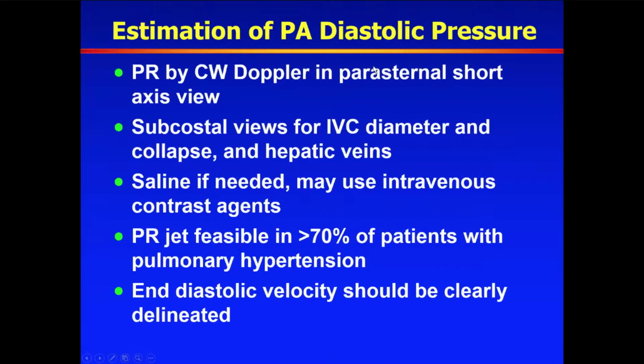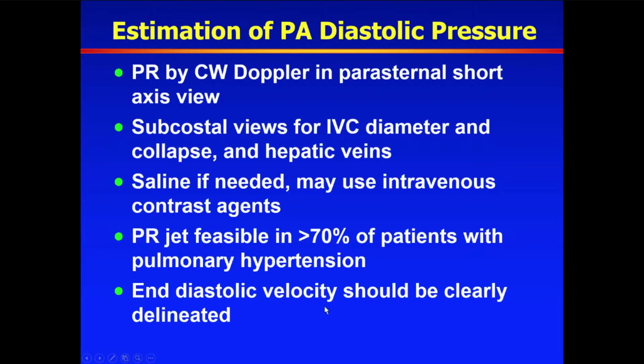PA diastolic, we rely on the pulmonary regurgitation signal by continuous wave Doppler, which we get in the parasternal short axis view. And remember, you can get it also in the subcostal short axis views. You need to look at estimations of RAP. Again, if you gave saline or ultrasound enhancing agents, you will get a better jet. The feasibility of PR jets being completely recorded in patients with pulmonary hypertension is more than 70%.